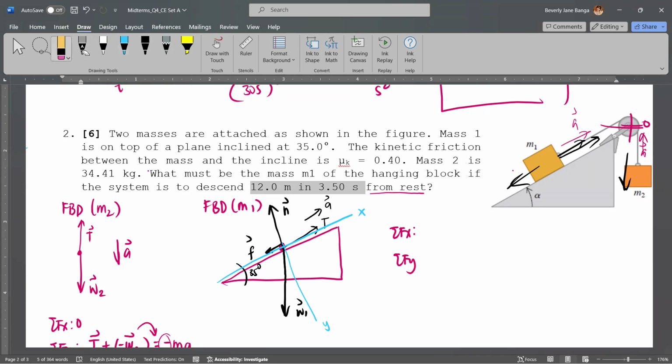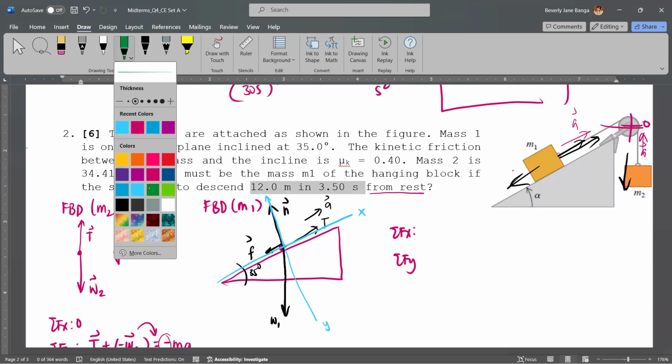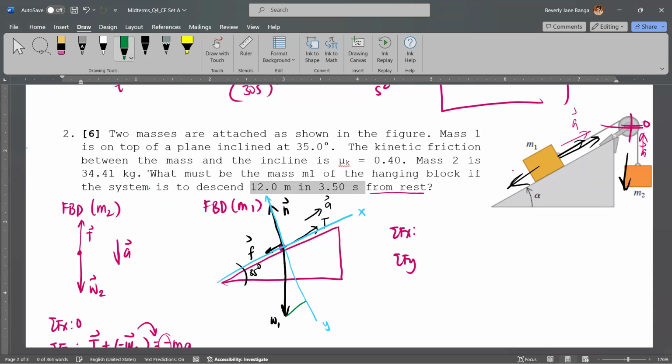Okay? So, dito, ang wala lang sa eksaktong X or Y, itong lahat ng to si normal, si friction, si tension, pare-parehas na silang nasa eksaktong X or Y. Ang wala lang sa eksakto ay si weight, di ba? So, si weight natin, again, ay may component. Ito siya, na W1X, and this one is W1Y.